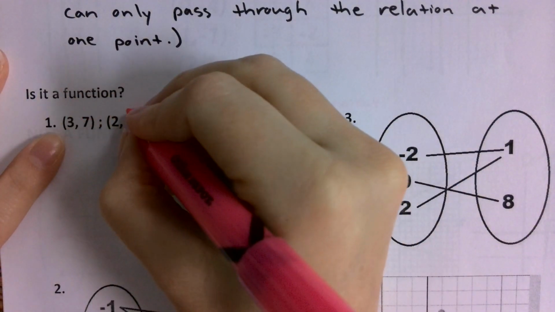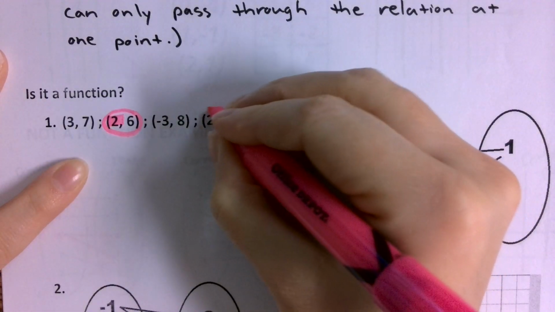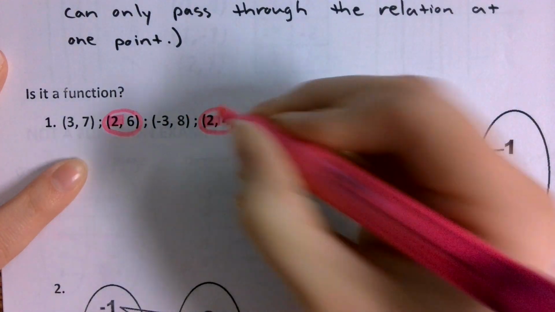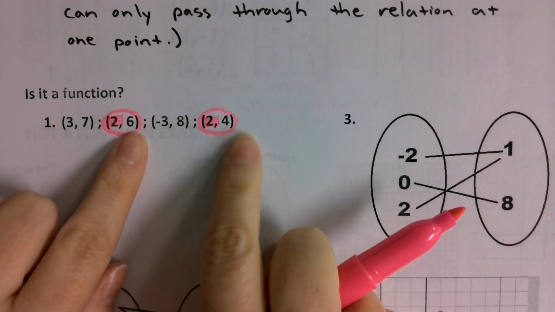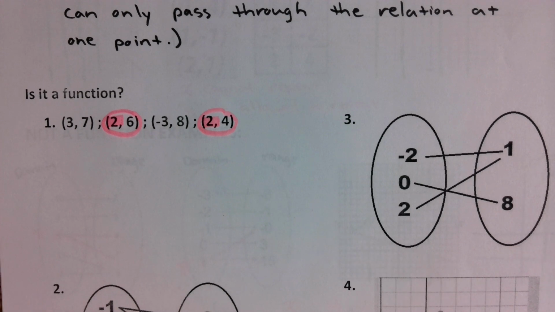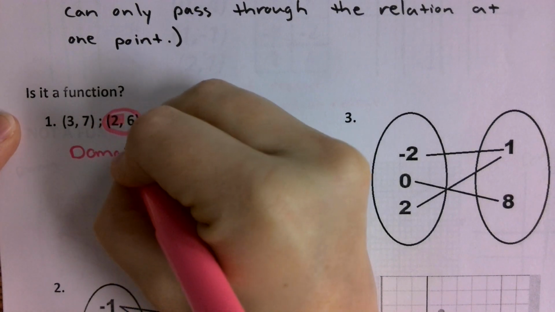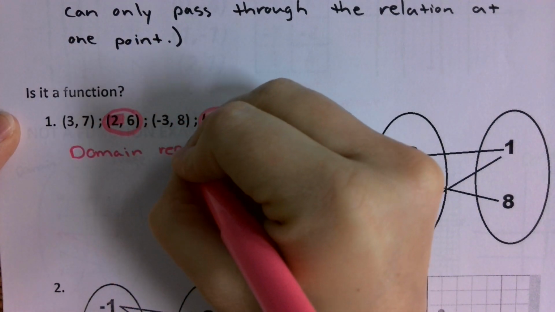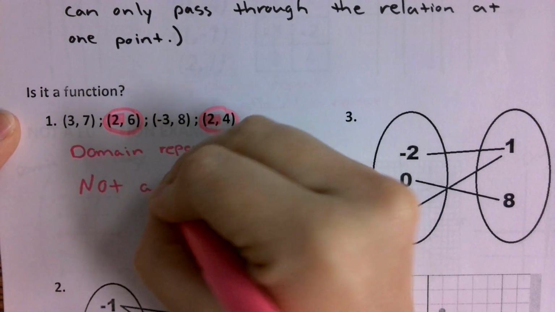We have this point, 2 6, and this point, 2 4. So the fact that the 2 repeats with a different value of the y, that makes it not a function. So we're going to put down that the domain repeats. The domain repeats. It is not a function.